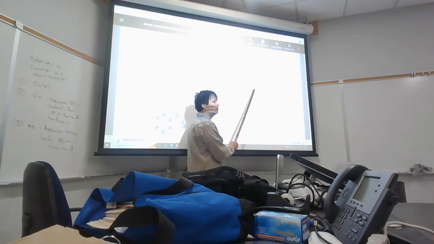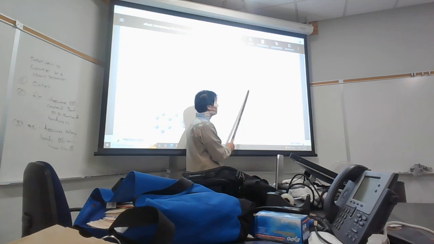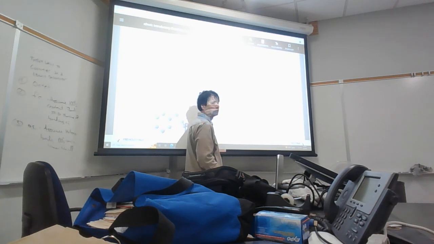Okay, tetrahedral would be the electron geometry, and that's correct. This would be tetrahedral electron geometry, but its molecular geometry won't be linear, it will be, is it bent?